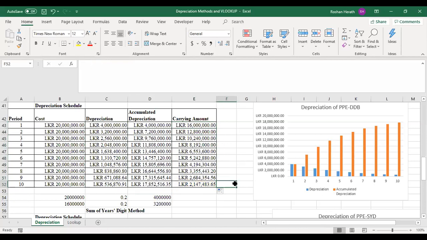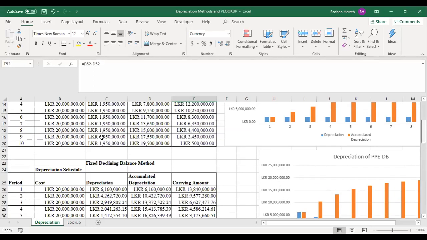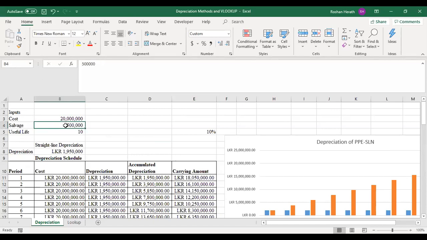The question here is, when it comes to the double declining method, it is recommended not to go for this depreciation method. When it comes to Excel, it is highly recommended that you do not go for this double declining method if in a given situation the salvage value is comparatively less.